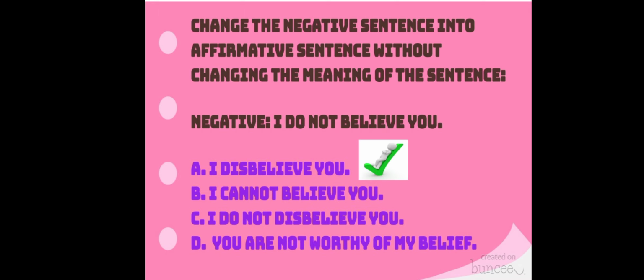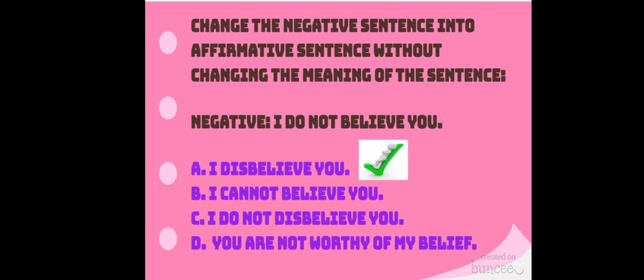Here four options are given. Option A, I disbelieve you. Option B, I cannot believe you. Option C, I do not disbelieve you. Option D, you are not worthy of my belief. So now think which one will be correct.